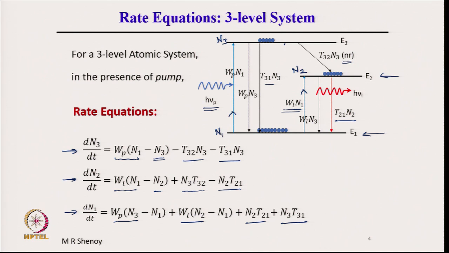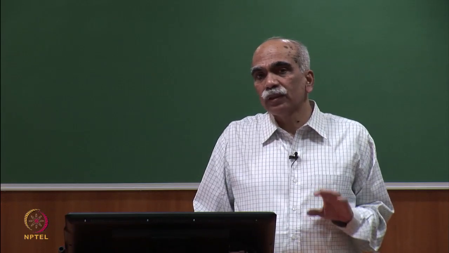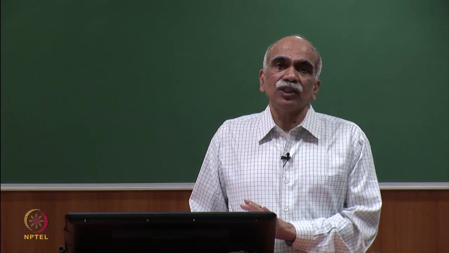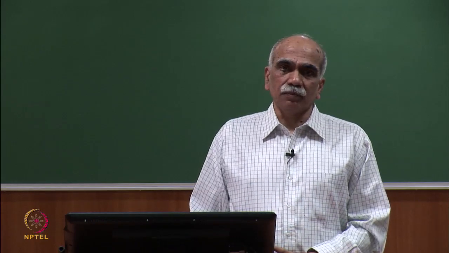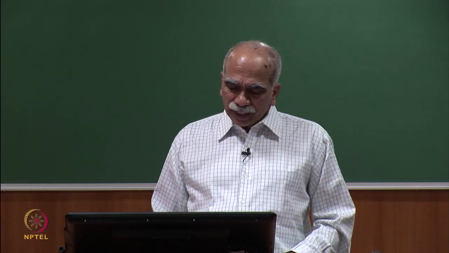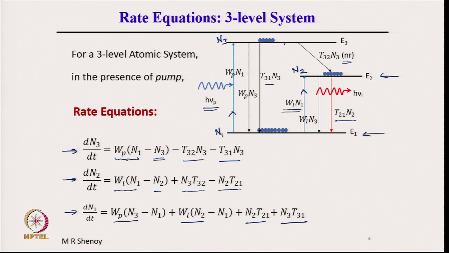So, these are the rate equations which describe the rate of change of population of levels 1, 2 and 3. That is why these are called rate equations for a 3 level system. All right. So, now let us pick up the first one here, dN3 by dt, and at steady state each one of them must be equal to 0.